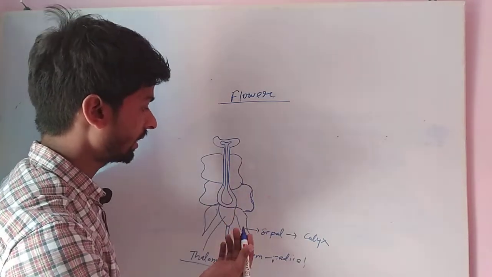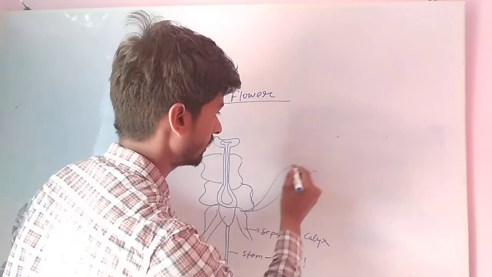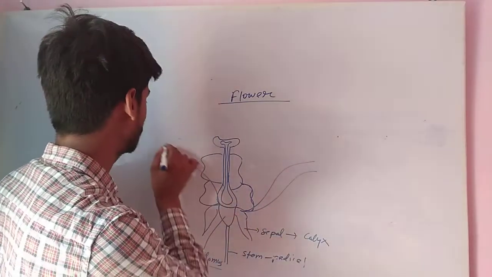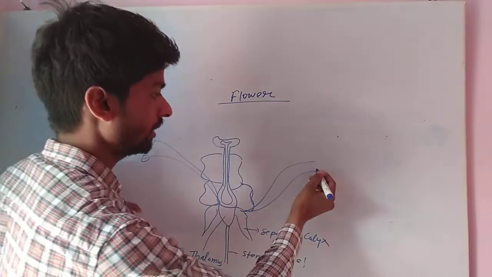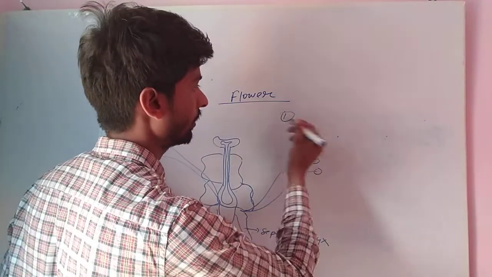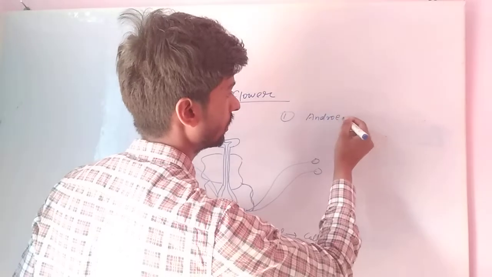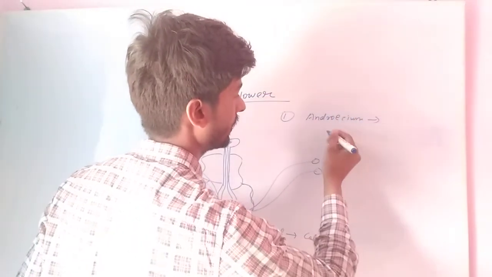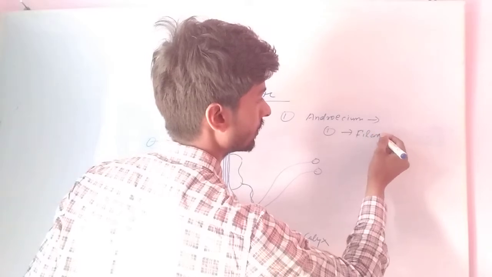Okay, so we're going to understand the first one, androecium, and you can see here. First we will understand the male parts, that is the androecium. First is filament.